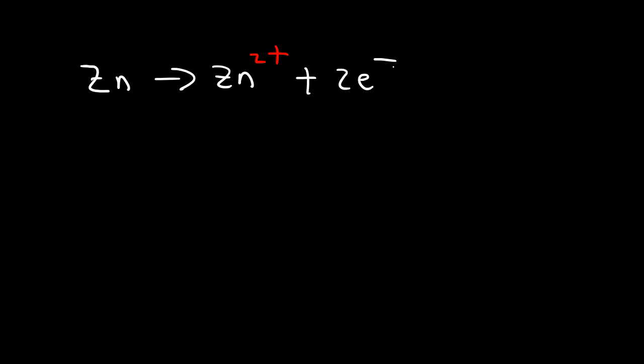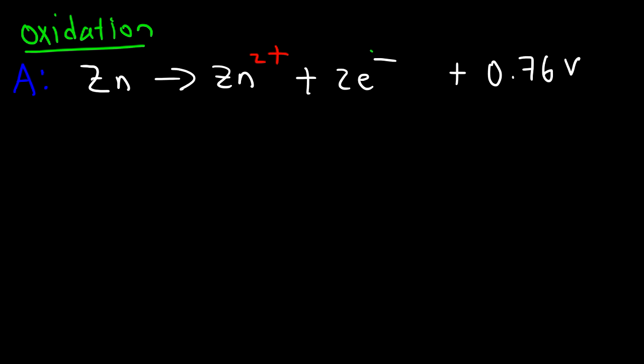Now the cell potential for this half reaction is positive 0.76 volts. And so this occurs at the anode. I'm going to write A for anode. And so that's the oxidation half reaction. So remember, anytime you see the electrons on the right side, it's oxidation. If the electrons are on the left side, it's reduction.